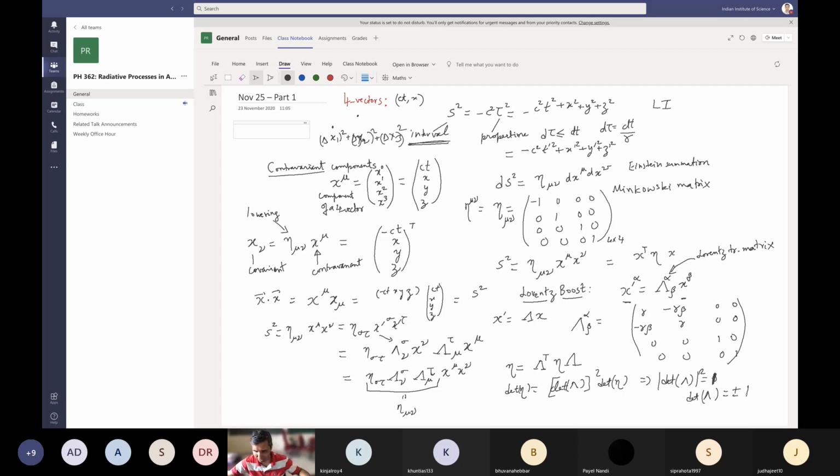So this matrix has a determinant which is unity, which you can actually verify from this matrix. This simple matrix which corresponds to the boost has a determinant which is unity, but this is in general true for any transformation which satisfies the preservation of this interval.